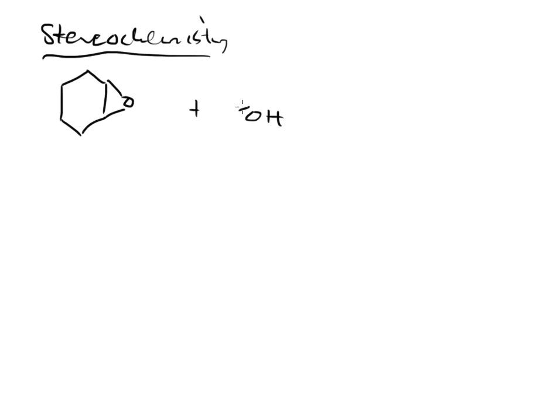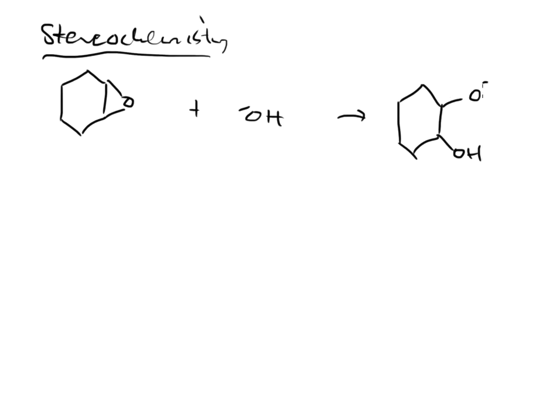If I add a base onto the structure, it's a symmetrical epoxide, so it really doesn't matter, right? I've made it easy for you. The ring's going to open up. There's the oxygen from the epoxide, and then that OH is going to add on to the other carbon, just like what you would have predicted. It's not a big issue, right?